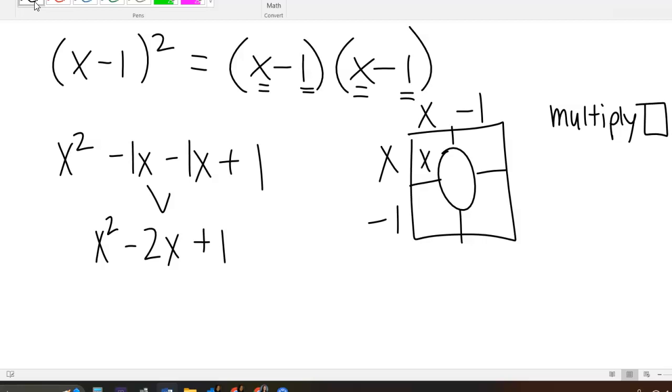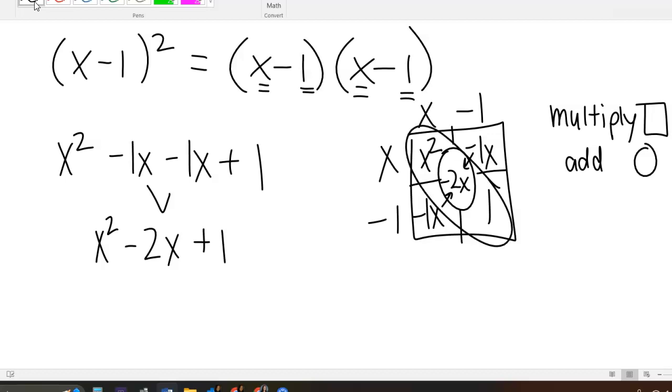So that's going to be x times x, negative 1 times x, negative 1 times x, negative 1 times negative 1. And then we add our like terms for our center circle. So that's a -1 plus a -1 gives me a -2x. So I got the same answer, but I like the box because it keeps it really organized and we can see our answer right on the diagonal.